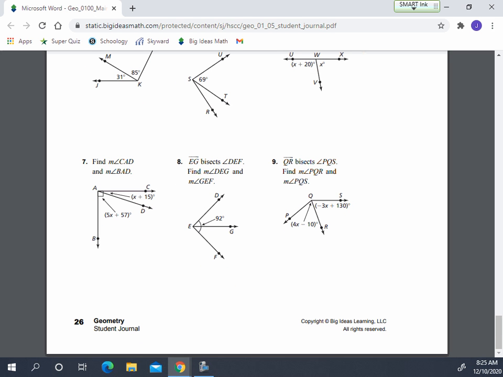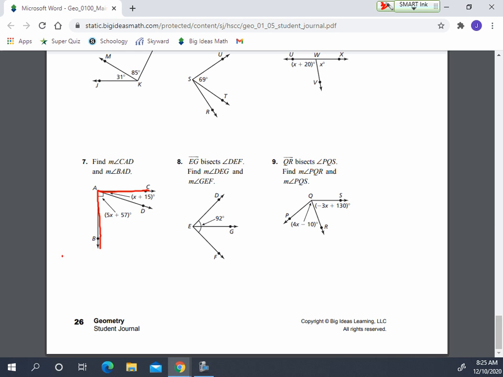Down here, number 7 says find CAD, and then find BAD. So I'll do number 7, and maybe number 9, we'll see. Okay. CAD and, oh, actually, this entire angle is 90 degrees. Okay, so that's important to know.